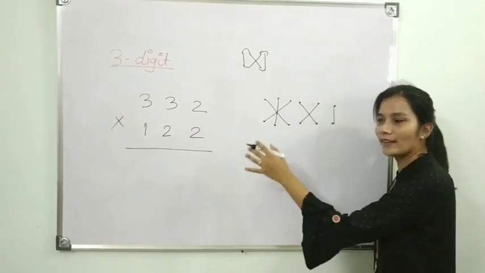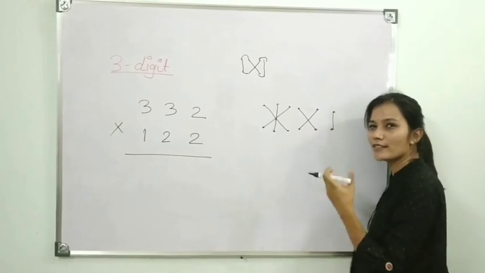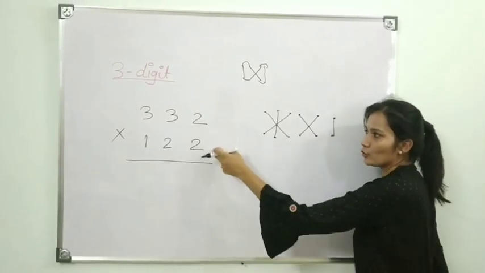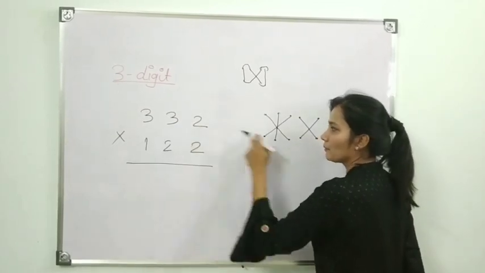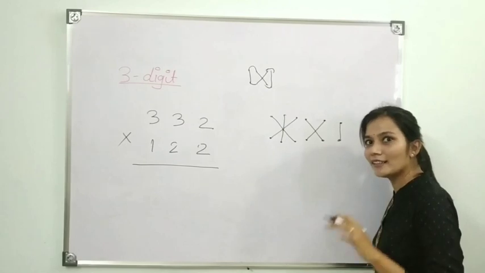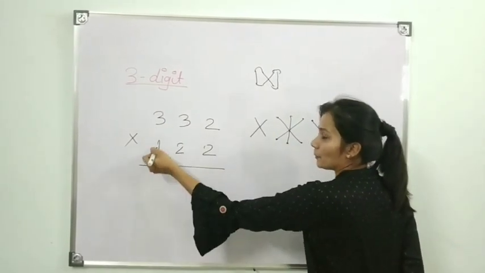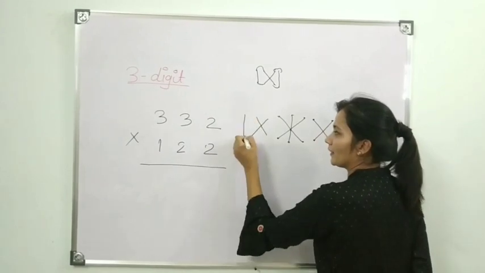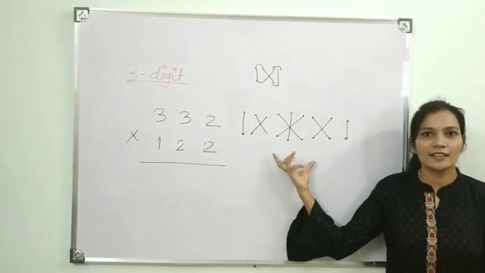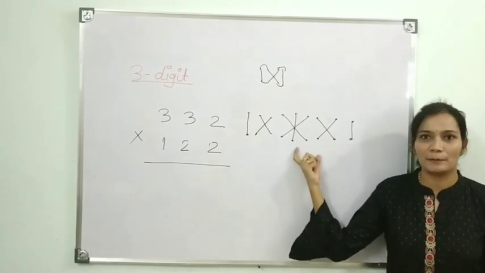You will understand when I solve the example. So first these two, then cross multiply, then these 3 we will cross multiply and add them. Then again cross multiply of the left part, then the remaining. So this is nothing but the basic concept of 3 digit multiplication.